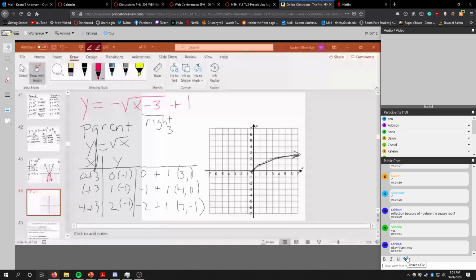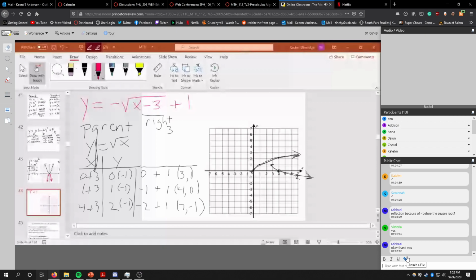So my new points were 3, 1, 4, 0, and 7, -1. So that's what it looked like when I did the transformation. That one would have probably been harder to do if you didn't do the ordered pairs.